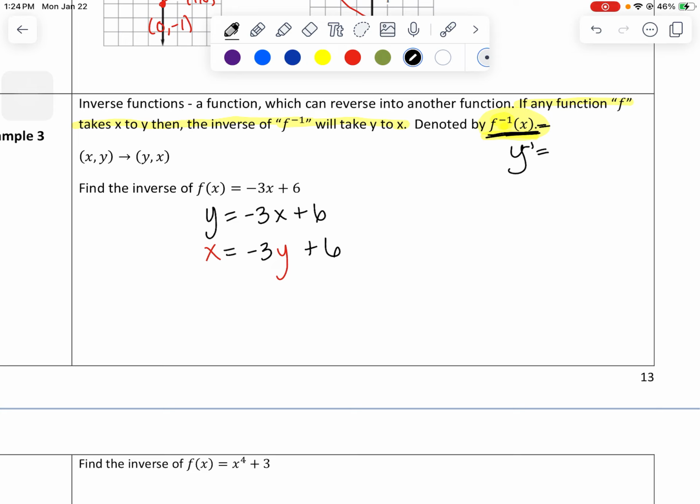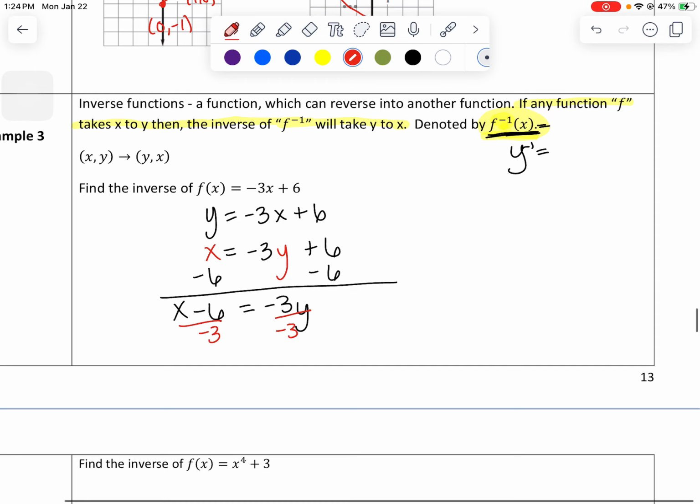So resolving this for y, you want to undo your addition of 6 by subtracting 6 from both sides. And then those are not like terms, so we just get x minus 6 equals -3y. Then to get y by itself, undo the multiplication by using division. And so we got y, which is actually y inverse, would be x minus 6 over -3.